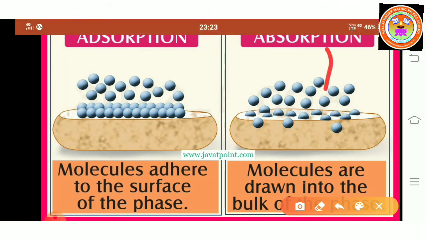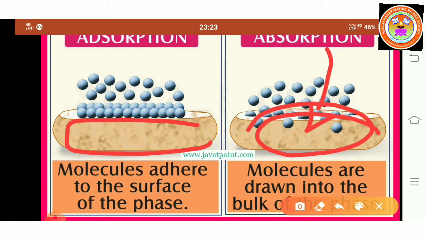In absorption, the particles of one substance are uniformly distributed throughout the bulk of another substance. But in adsorption, the molecules adhere to the surface of the other substance.